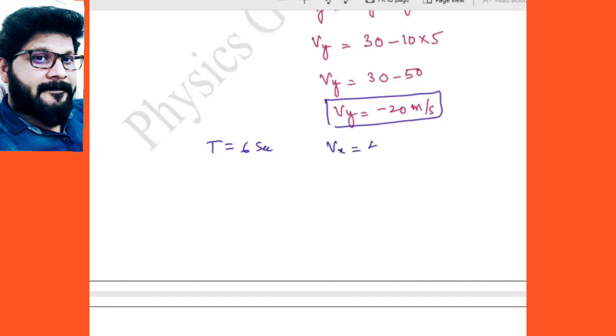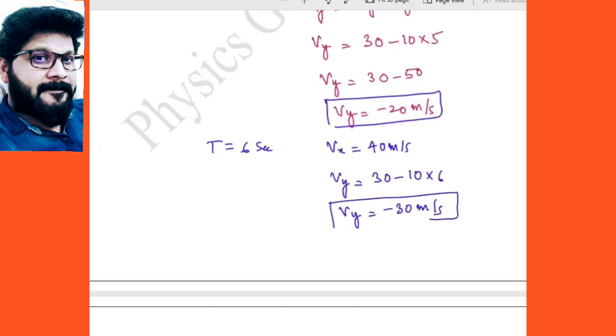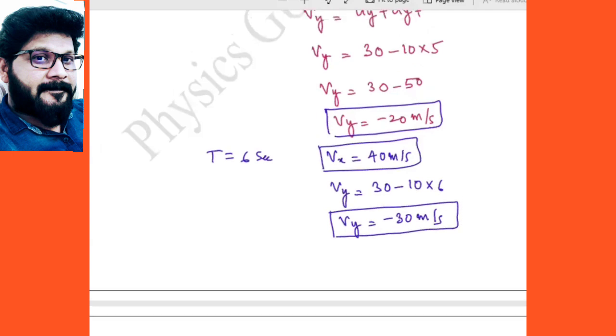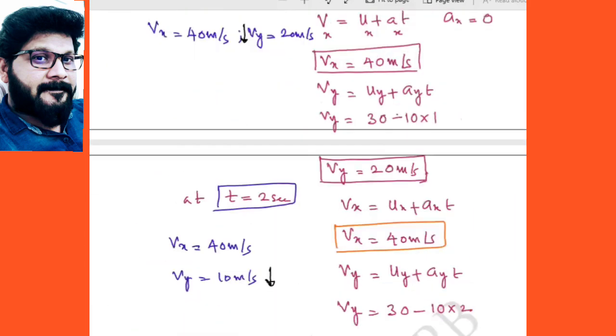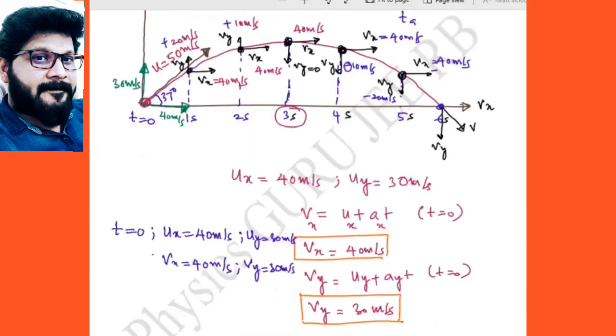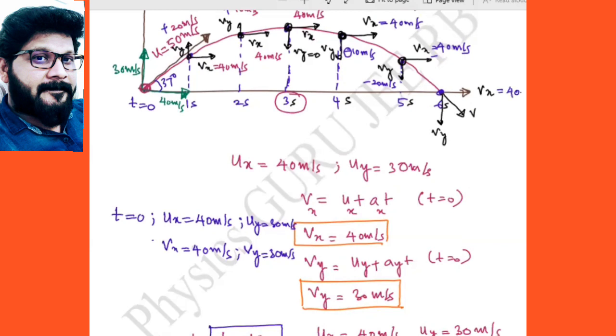Vx is again 40 meter per second, no change. What is Vy? Vy equals Uy, 30 minus 10 into 6. So how much are we getting? 30 minus 60, minus 30 meter per second. Fine. So Vx is 40 meter per second, no change, and Vy is minus 30 meter per second.